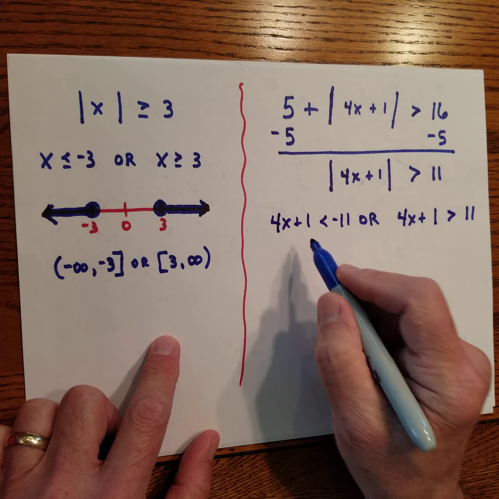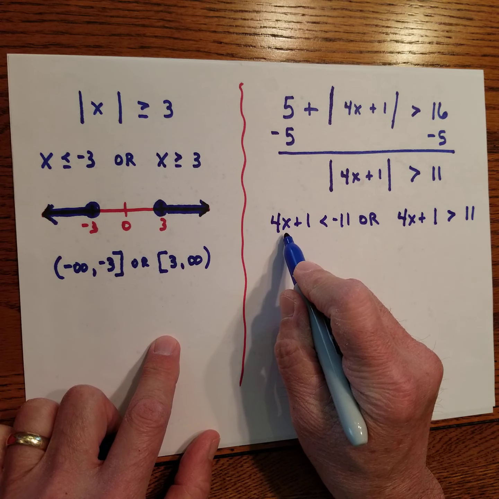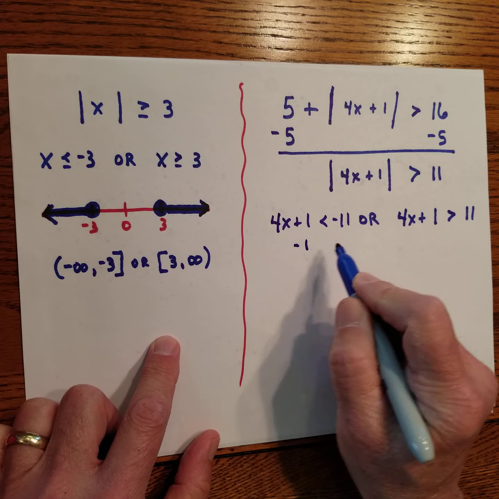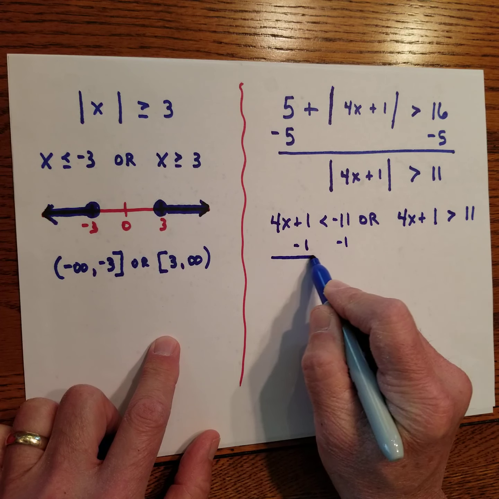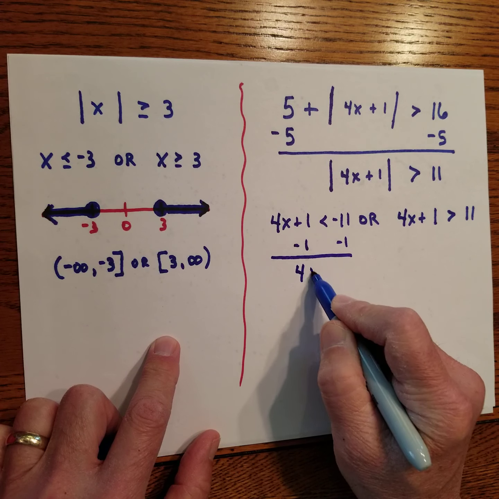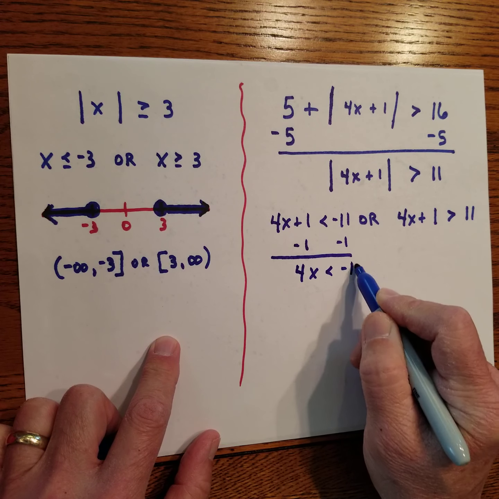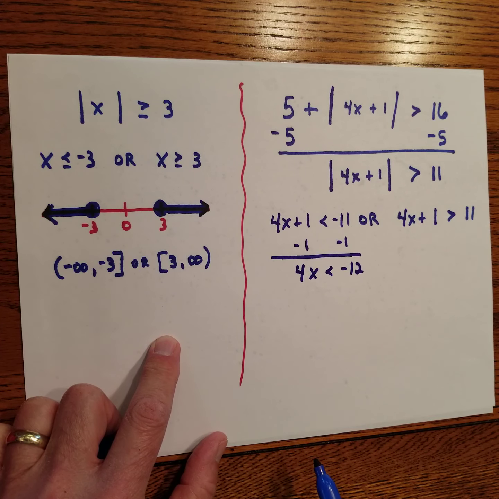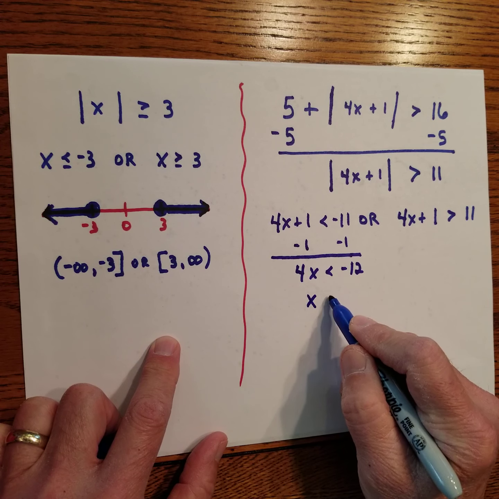Now let's solve. In order to get this x by itself, we'll subtract 1 from each side and divide by 4.